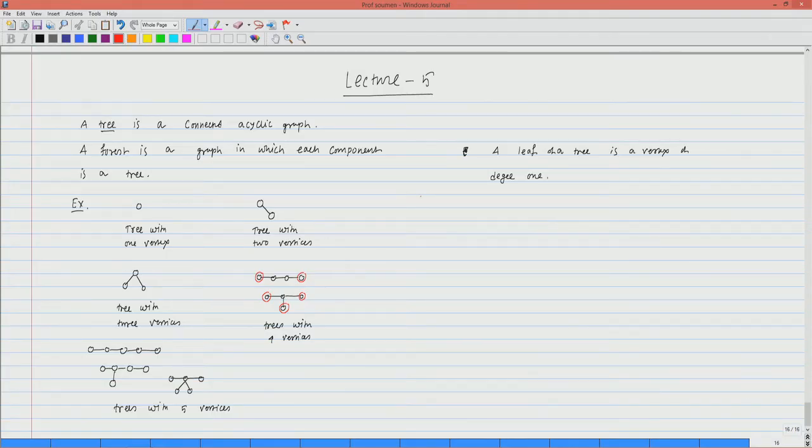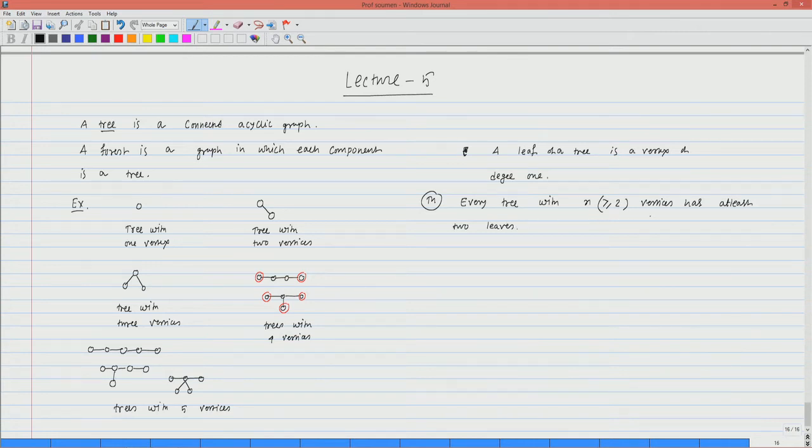Now, we will prove a theorem related to tree. Every tree with n vertices, n greater than equal to 2, has at least 2 leaves.